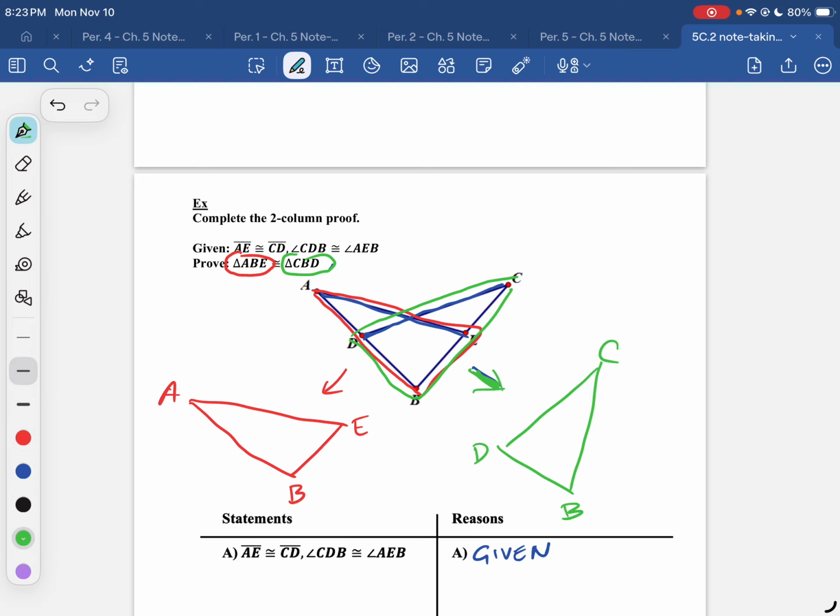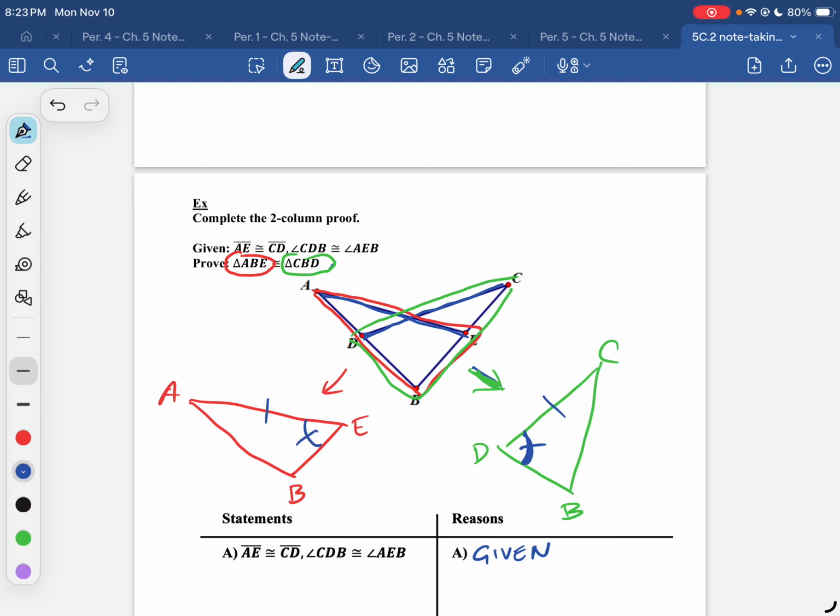Okay, so now when I'm putting the given info into the diagram, AE is congruent to CD. Well, that's pretty easy to put into the separated triangles, and it's easier to see what's happening then too. Okay, and I've also got angle CDB. Well, CDB would be right here. That's going to be congruent to angle AEB, which is right here.